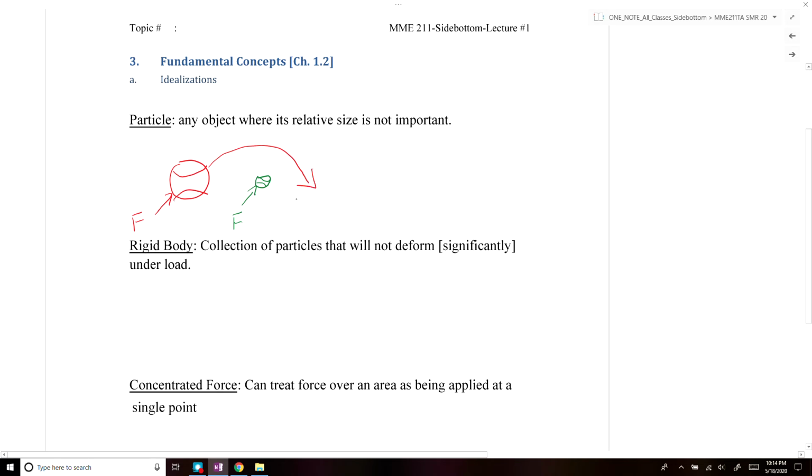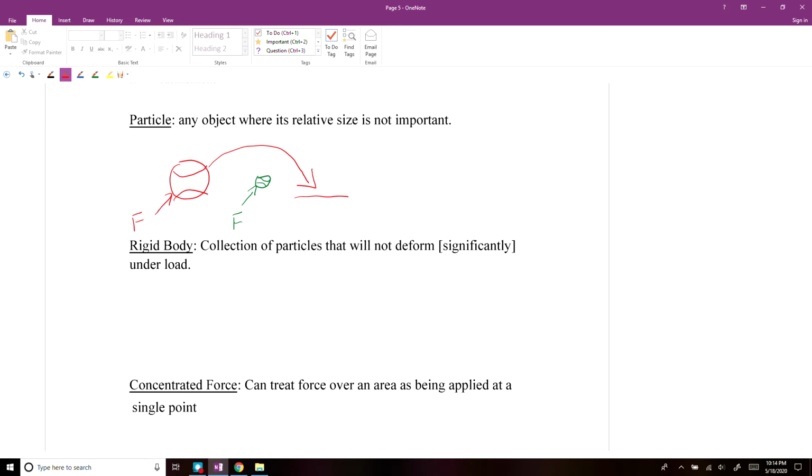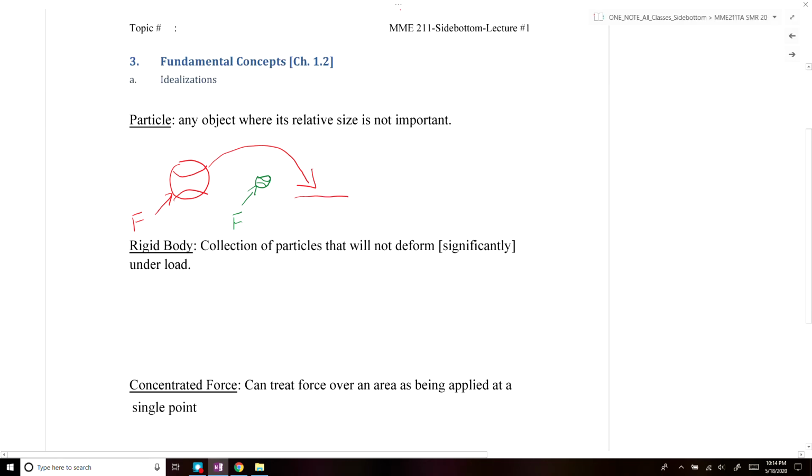Hopefully you're familiar with that from Physics 1. Both of them will follow a parabolic trajectory, so the size of the ball will not affect the motion.